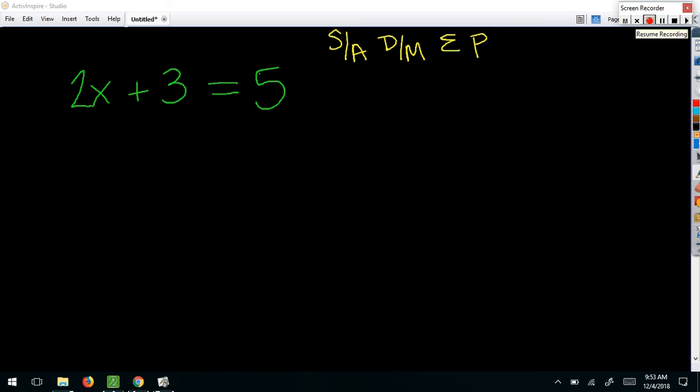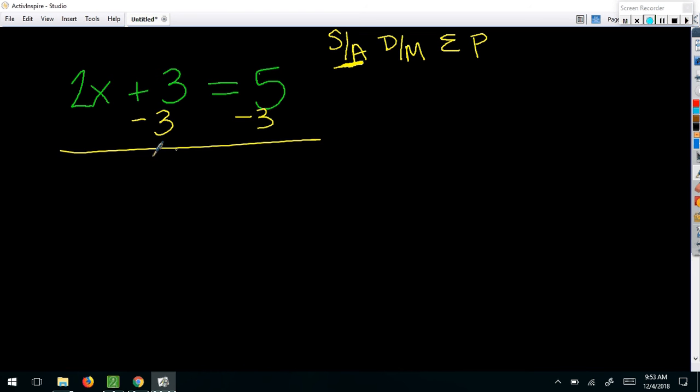So looking at this equation, that tells me I take care of the addition first, right? So I subtract 3 from both sides. I get 2x equals 5 minus 3 is 2.